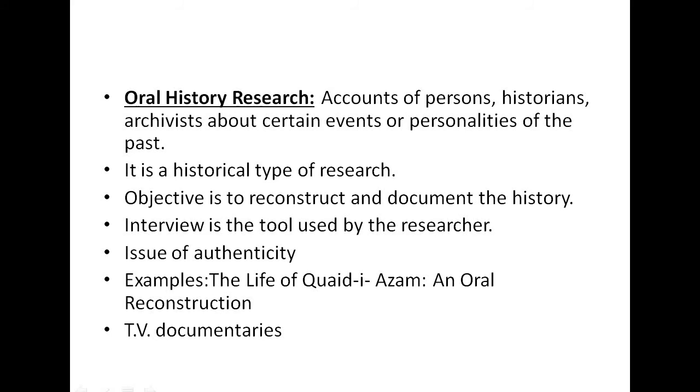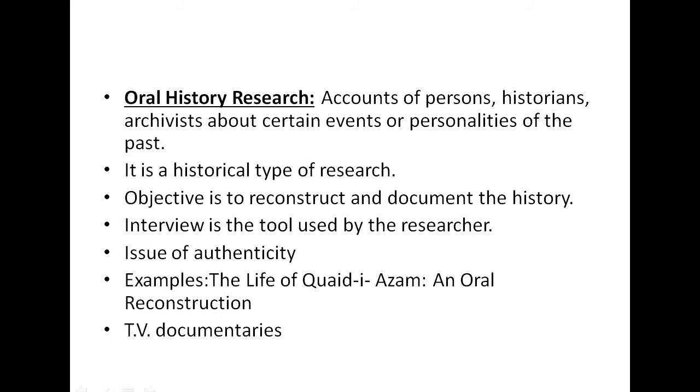They may not relate very authentic accounts about these events or personalities. They may be emotional, for example. They may favor some personalities over others. So the issue of authenticity is always there in such kind of research, that is, oral history research. So what kind of examples can we take for our understanding?